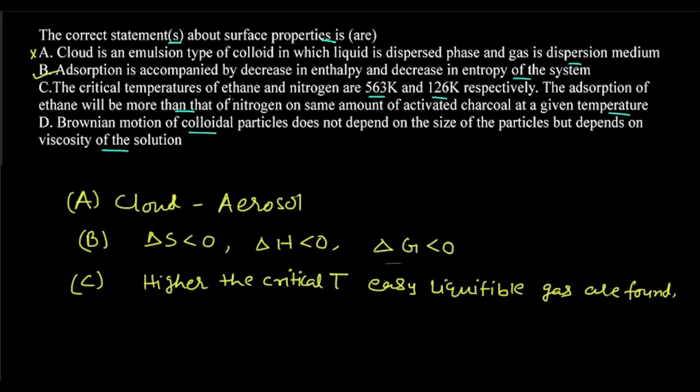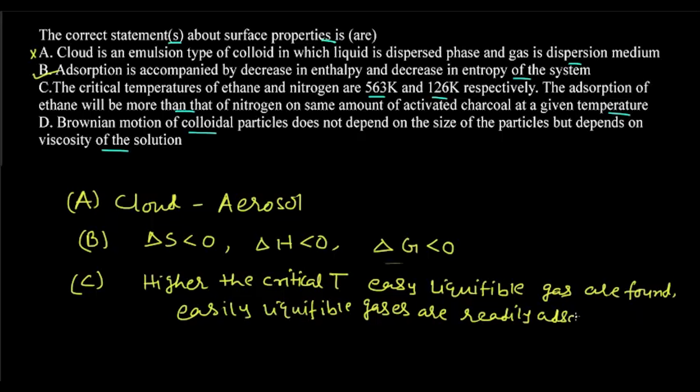Between ethane and nitrogen, the critical temperature of ethane is much higher than that of nitrogen, so ethane can be easily liquefied, and easily liquefiable gases are readily adsorbed. So we can say that ethane is readily adsorbed as compared to nitrogen. The statement also says so, so C is also correct.